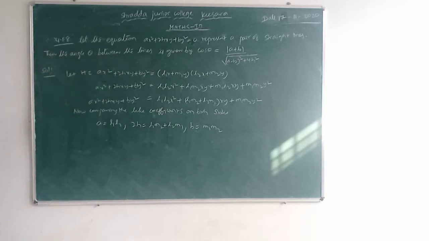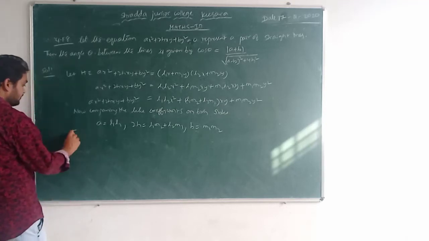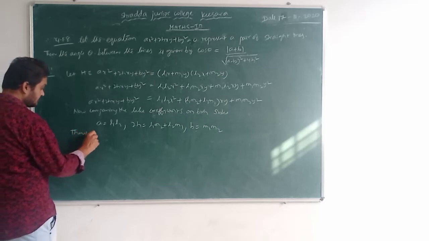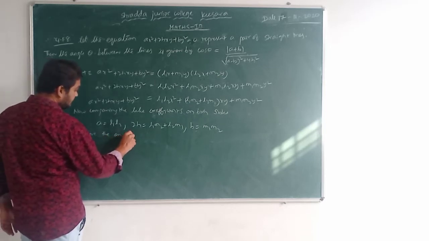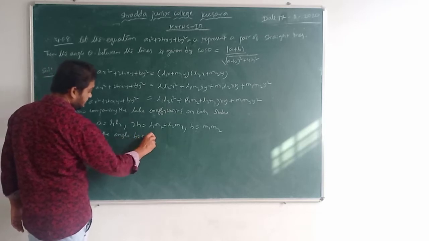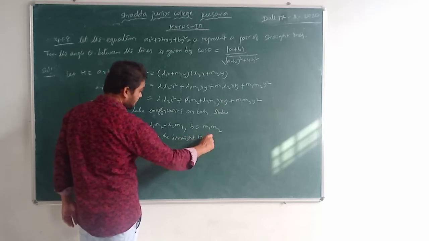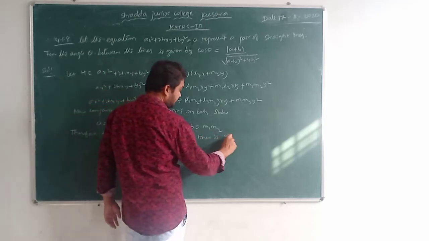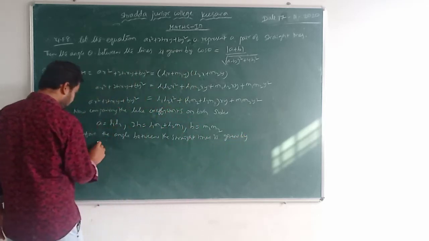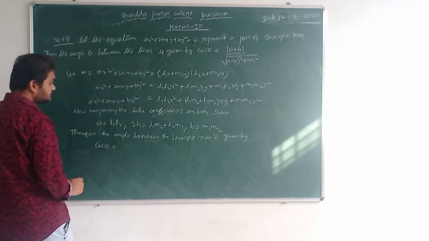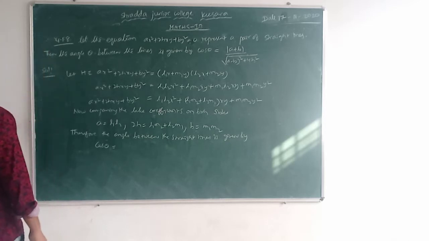Now see, we have to show that cos theta equals to a plus b by root a minus b whole square plus 4h square. So therefore, the angle between the straight lines is given by cos theta equals to, what is that? a plus b means what?